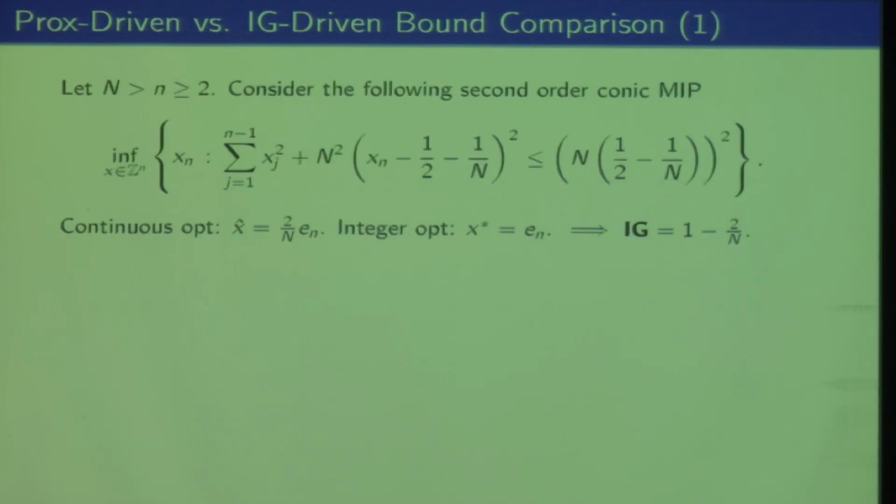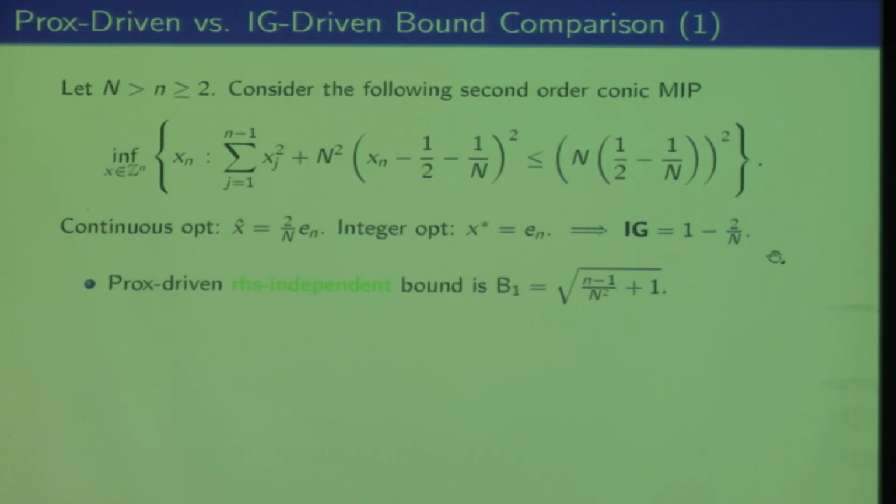Here, let me illustrate this with two examples. So here is an ellipsoid. In this case, you can solve the continuous relaxation and the integer problem in closed form. So that's nice, we can quantify the integrality gap exactly.